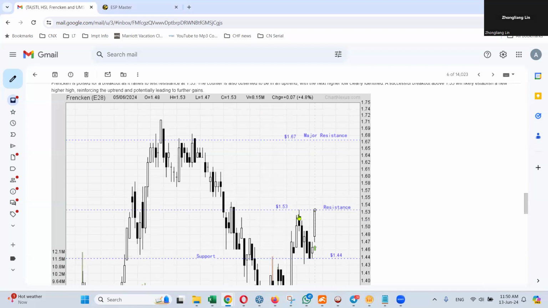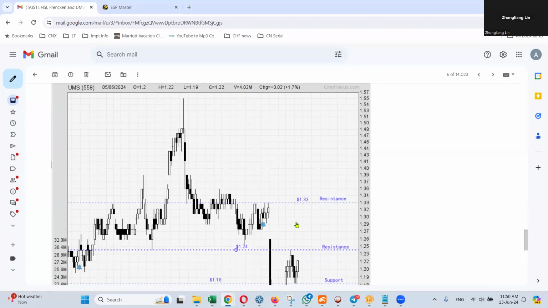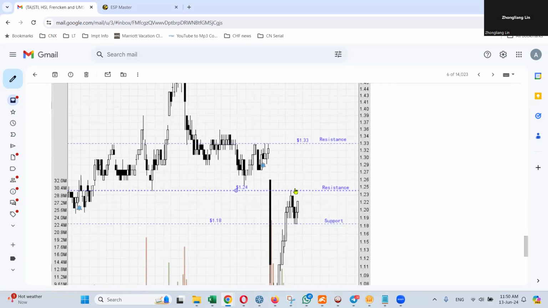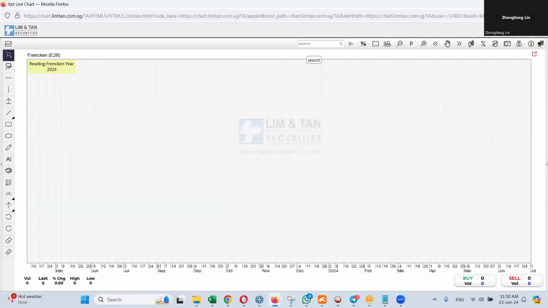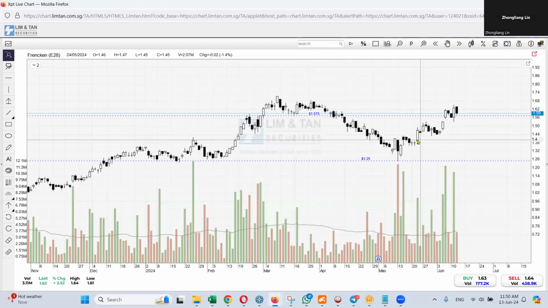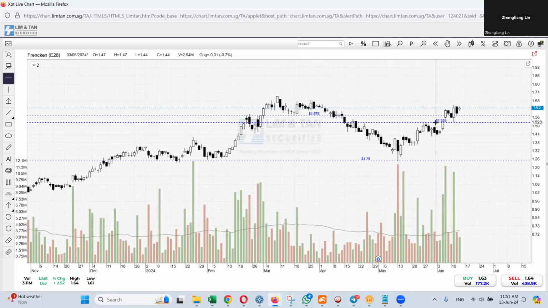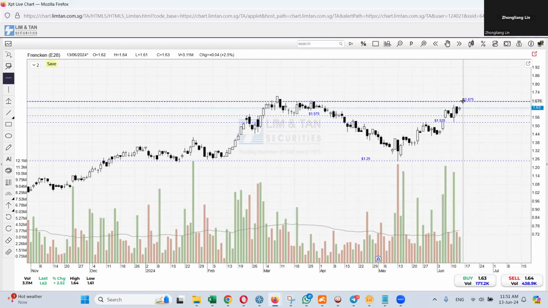And Frencken, I'm expecting a breakout above 153, while UMS, I expect it to go to its resistance at 124. So Frencken, you can see it broke out above 153 resistance over here and continued higher. The resistance for you to watch is 168. Again, congrats to those who took the trade and see you at 168.